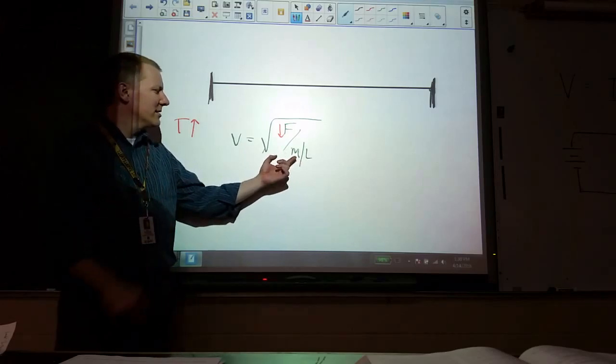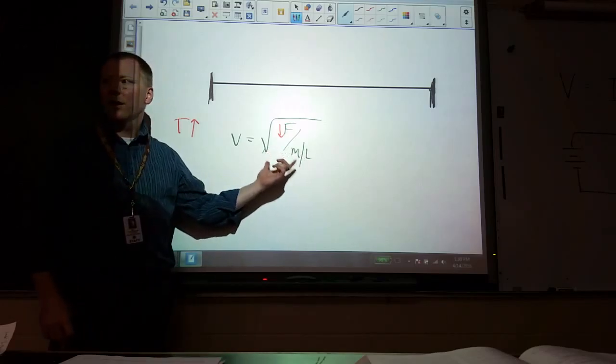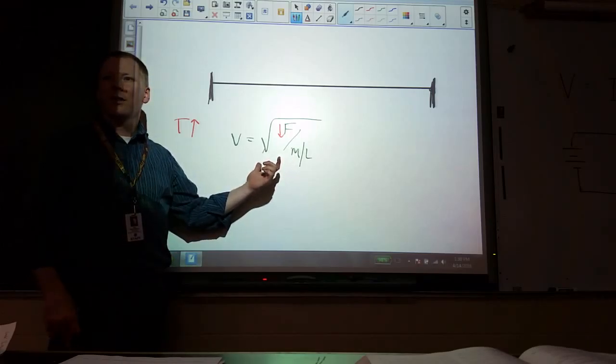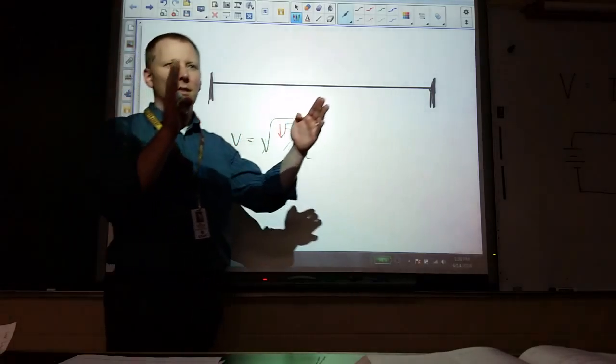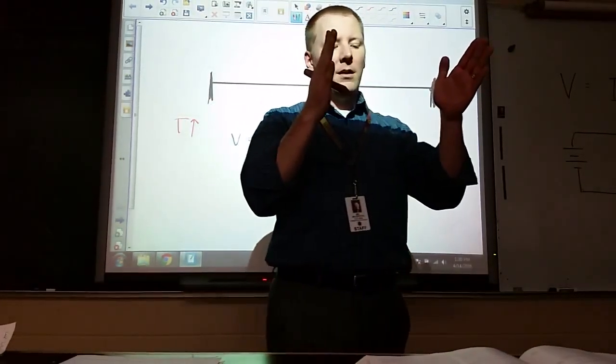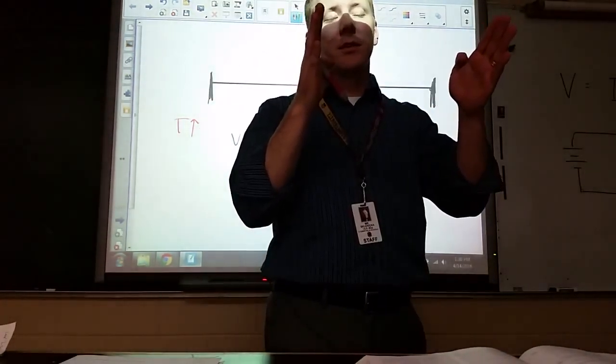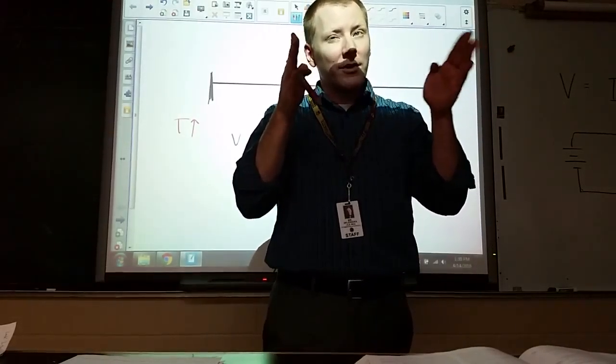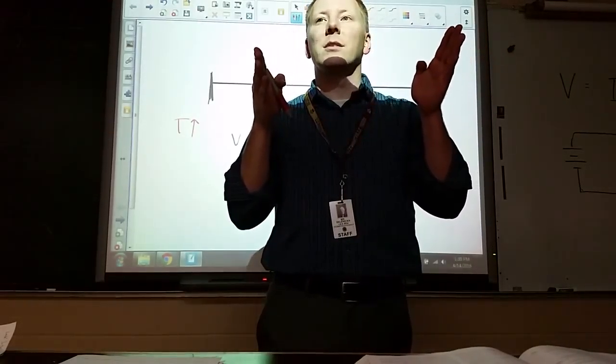The M over L is the mass per unit length. We call it a linear density often. What would happen, so if you had a meter of this wire before it was warmed and after it was warmed, which would have more atoms in it?